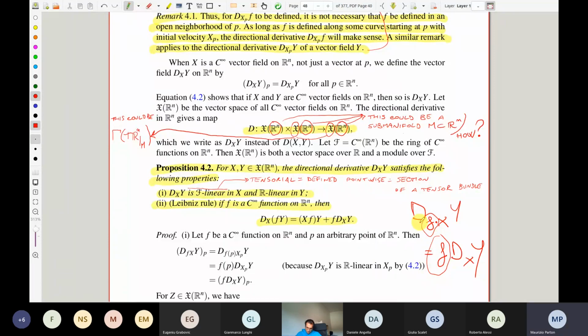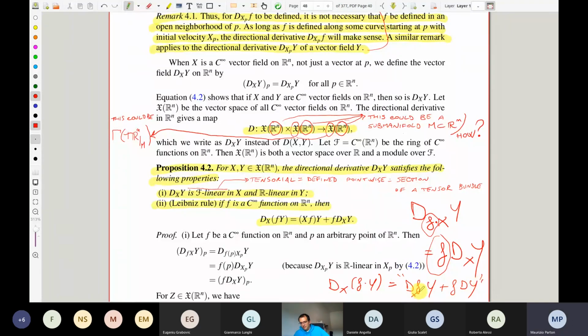You know, this is not always true. For instance, this is a derivative. So what do you expect if you take the derivative of f times y? Do you really expect that you can take out f linearly? Come on, this is a derivative, which means that there is some Leibniz rule, okay? So it will be something like derivative of f times y plus f times derivative of y in some sense.